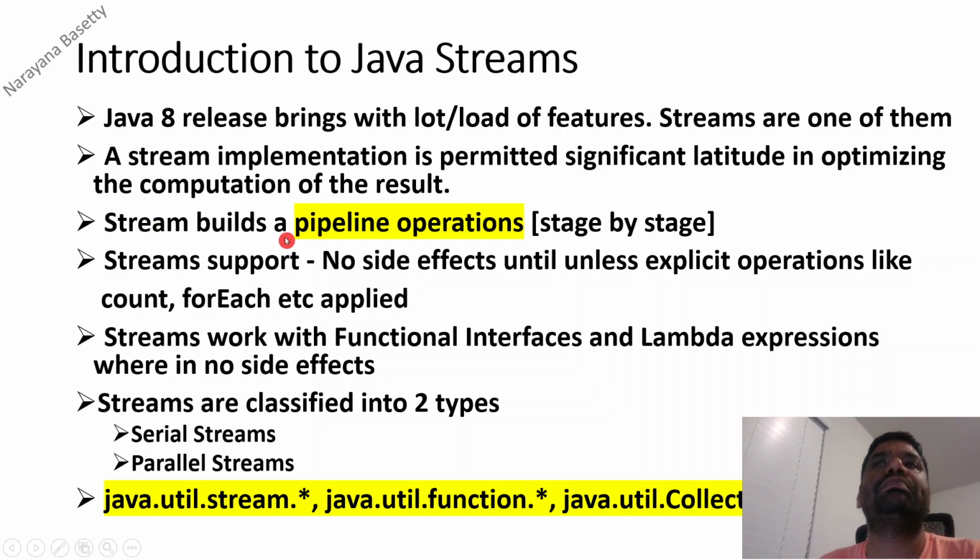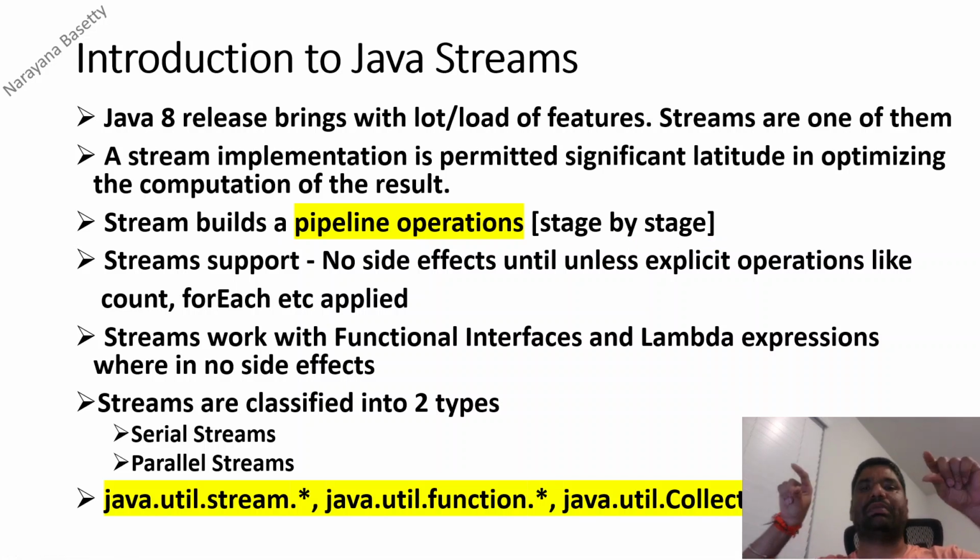A stream builds a pipeline of operations, that means stage by stage. A stream begins, a stream ends, and in between, different operations can be performed by the application. Based on some conditions, you can filter some data, or transform the data, do aggregation, do a count, whatever it is based on your use case, or sort your data.